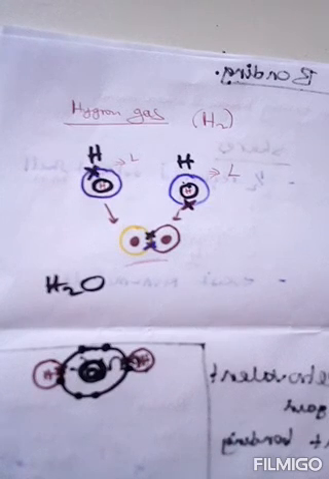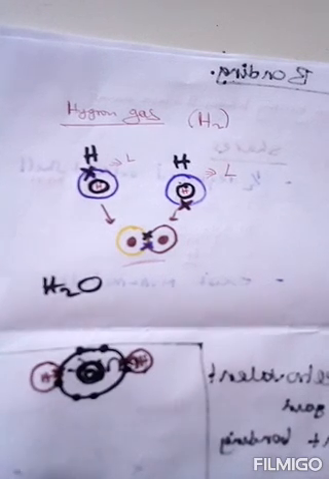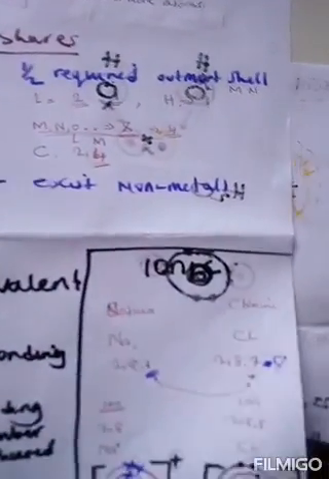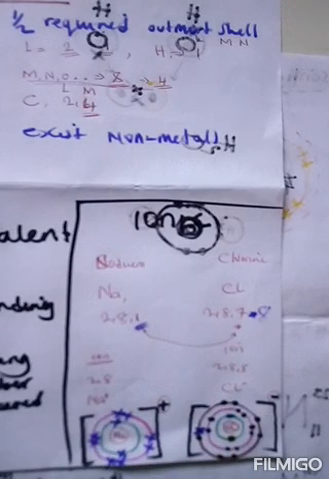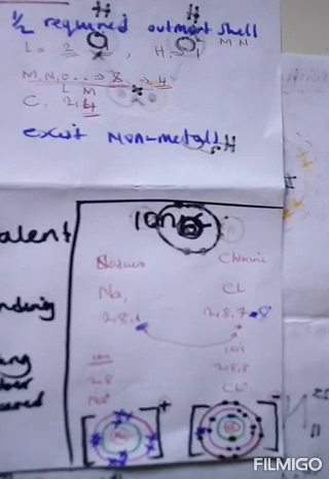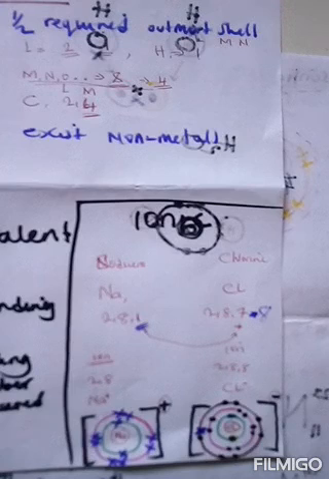So what are the differences between electrovalent and covalent bonding? Like we saw in the previous discussion, ions were produced in electrovalent, whereas in covalent there are no ions. That's the first difference. In electrovalent bonding, atoms either lose or gain electrons, while in covalent they share electrons.